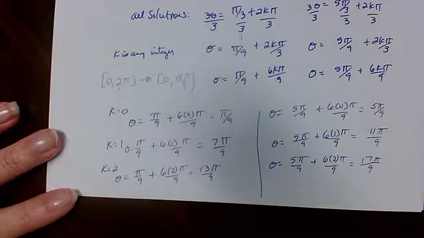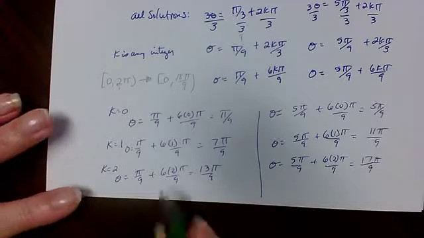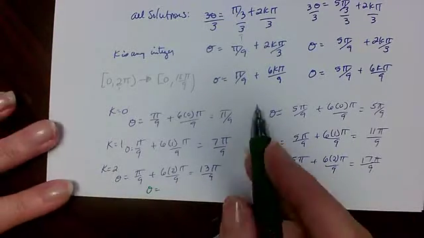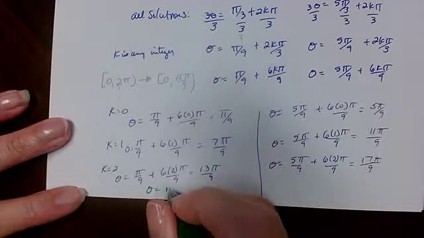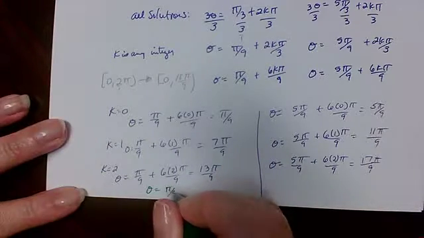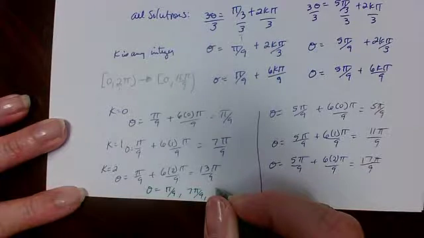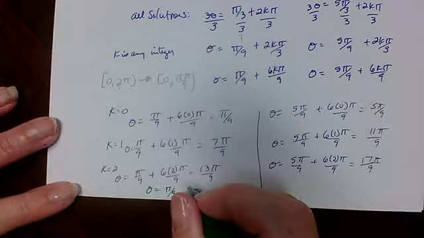So in the end, you could state that theta will be equal to, in that interval of 0 to 2 pi, pi over 9, 5 pi over 9.